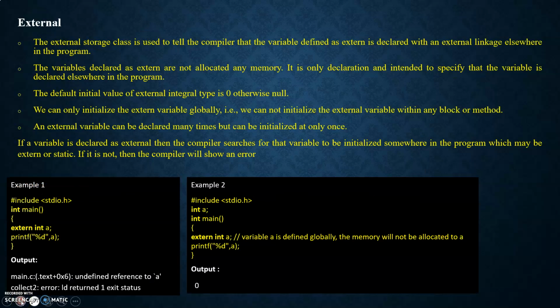And the last one is extern. What is extern? Extern means external. Extern stands for the external storage class, and it is used when we have global functions or variables which are shared between two or more files. Right? Suppose you have gone to a sweet shop, you have taken a number of sweets from there, but you haven't paid anything.